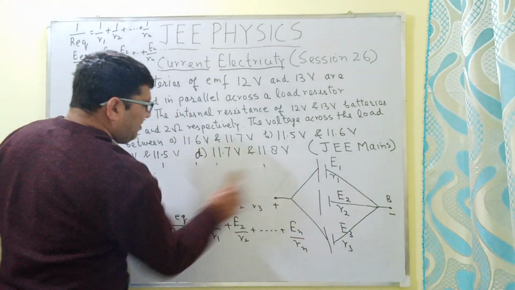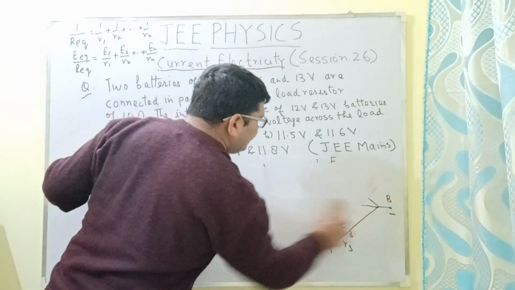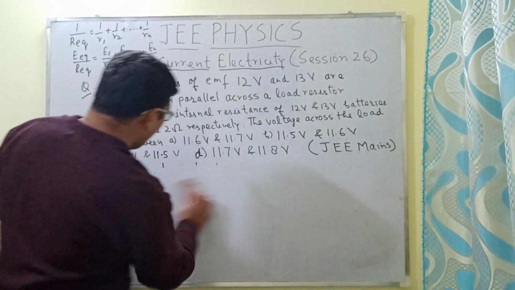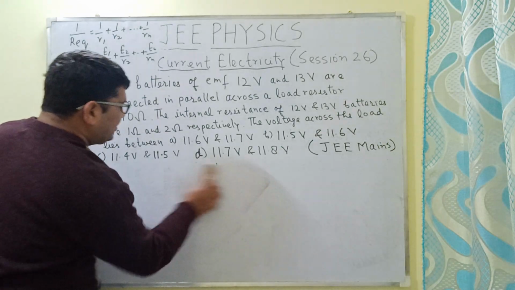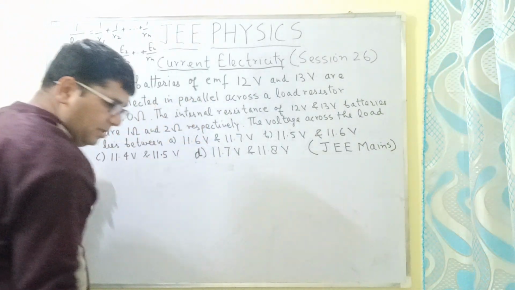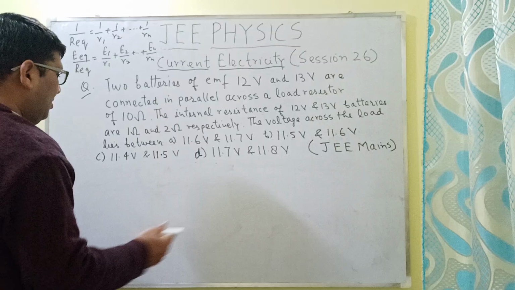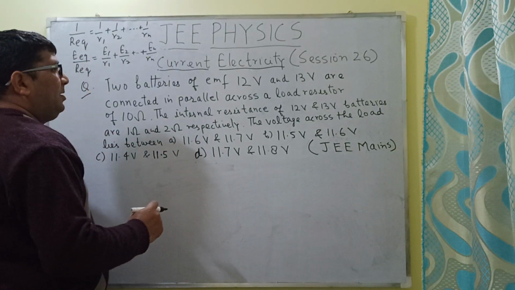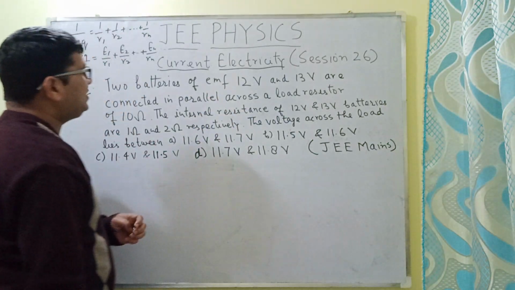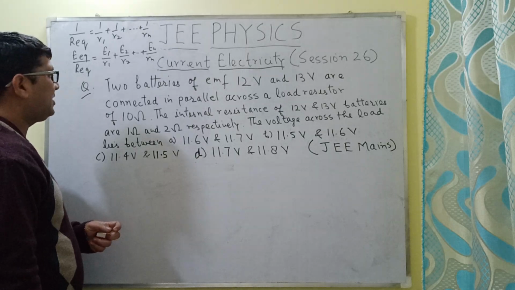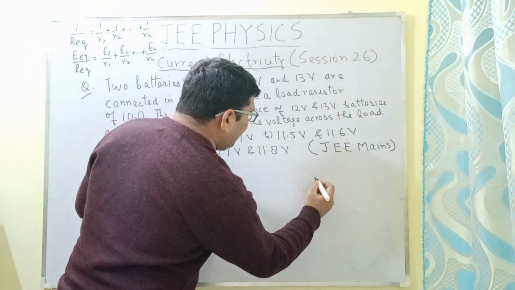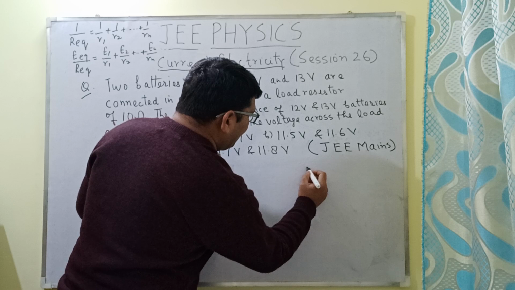So now I will be rubbing this, and now let us try to solve this question with the help of these two concepts. So here two batteries of EMF 12 volt and 13 volt are connected in parallel. So here I will be drawing one figure.